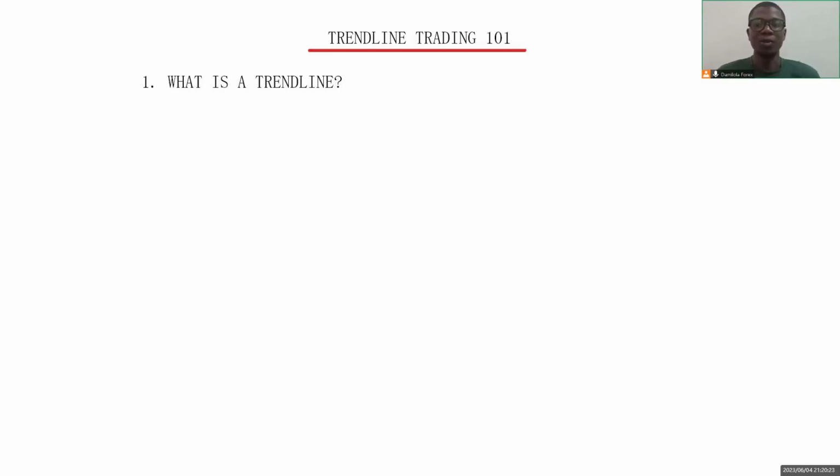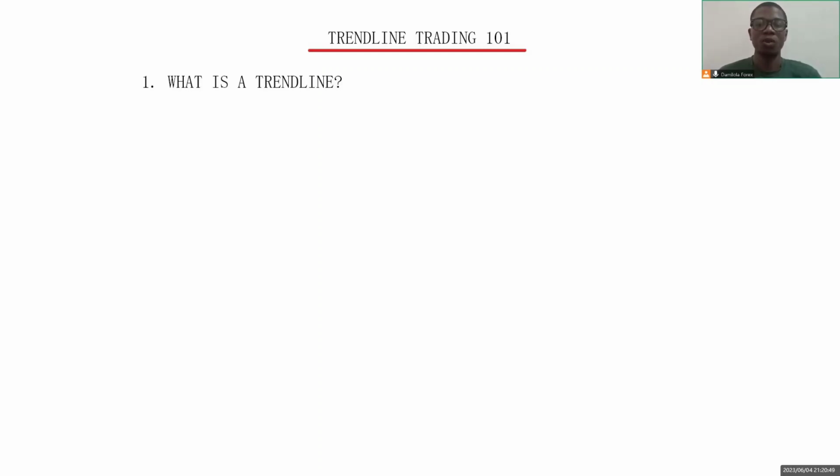And if there's a break above the bearish trend line, that means there's a probability that the bulls are in. So a trend line is a very important tool that we use in checking the strength of a particular trend. If a trend line is violated, like I said, there's a probability that that particular trend is weak, and it allows us to either enter or exit a particular trade.